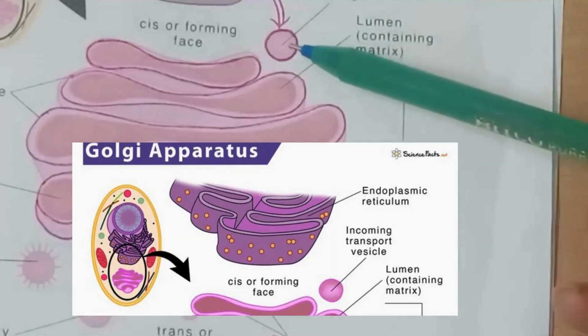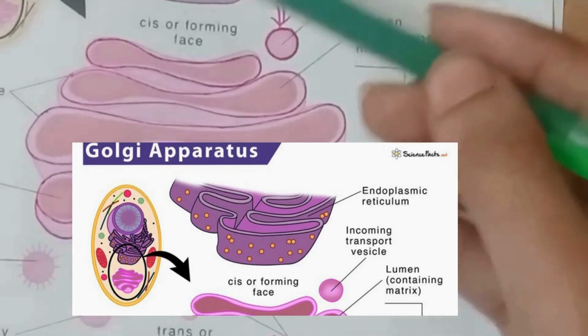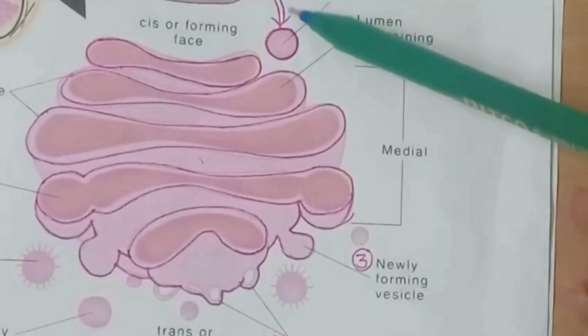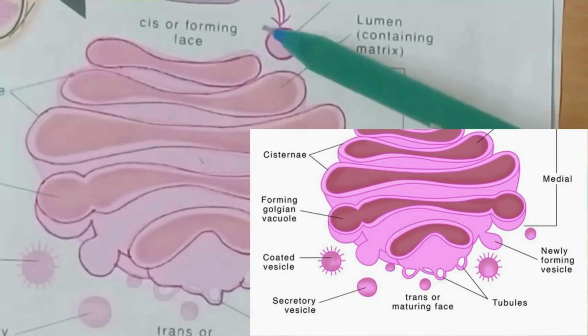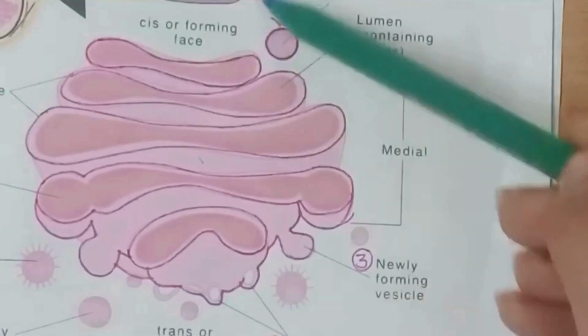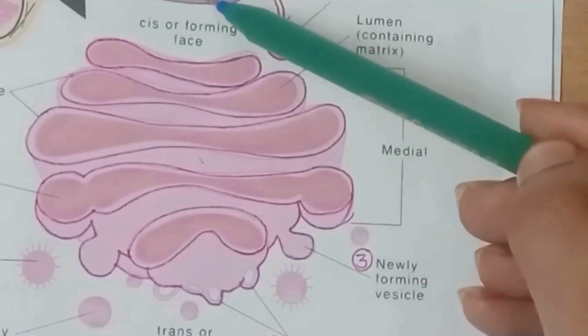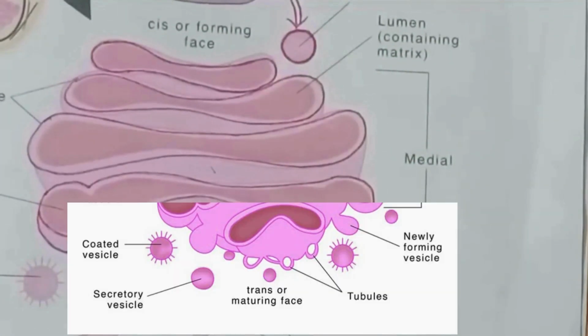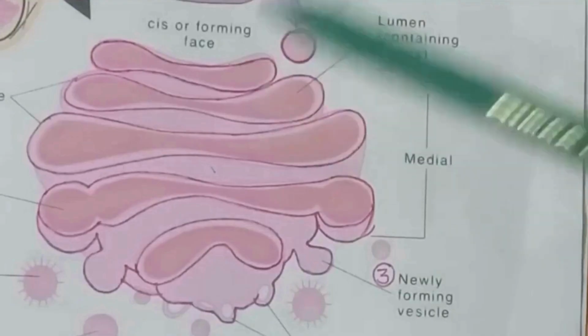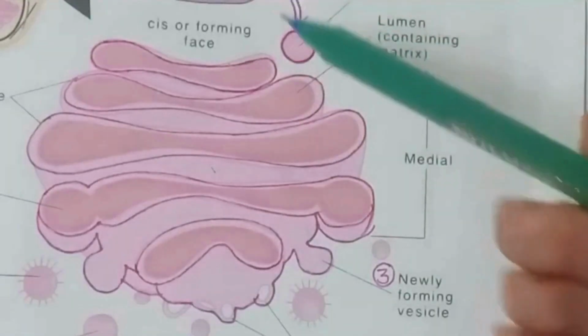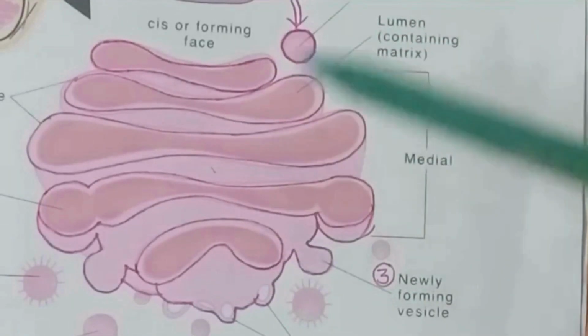The proteins which are synthesized in the endoplasmic reticulum are transported towards the cisternae of the Golgi apparatus and fused to the cis phase, and move towards the trans phase, a maturing phase of the Golgi apparatus, where these proteins are modified before they are released out of the trans phase, and these later act as lysosomes and perform various functions in the cell.